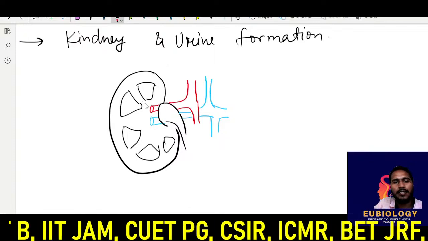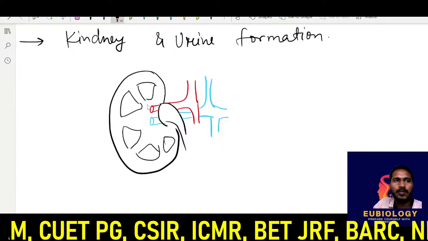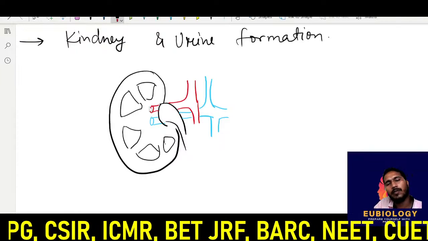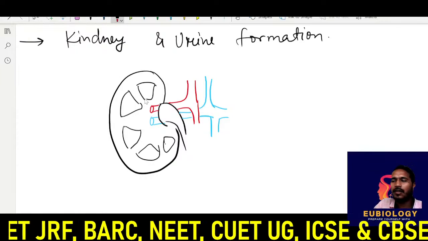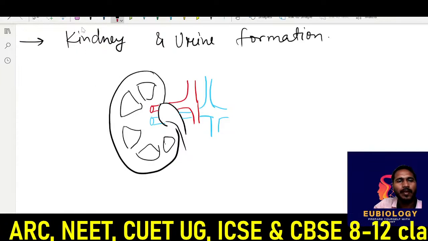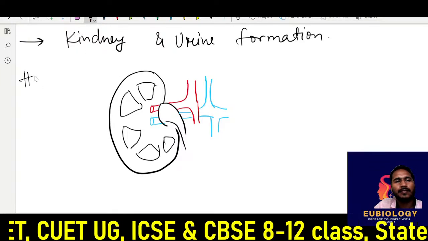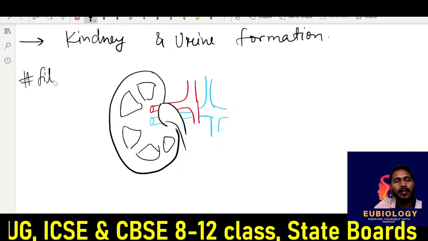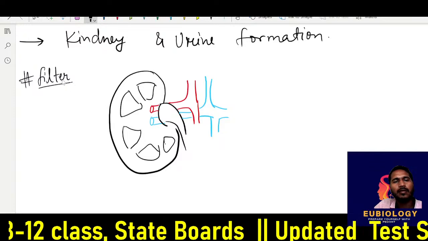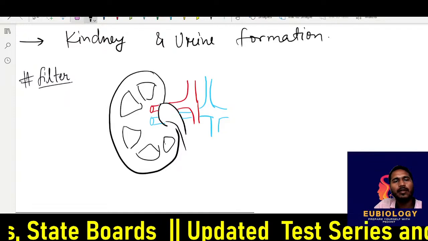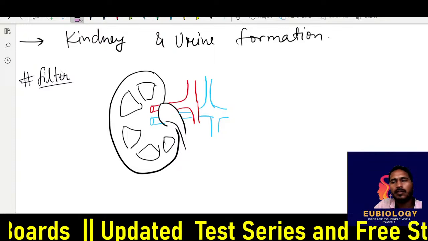Again, two reasons. The cell itself will perform a function, so it requires oxygen. It will supply the oxygen, as well as the important point, it will filter the blood also. It will do the filtration of this blood. Got it?